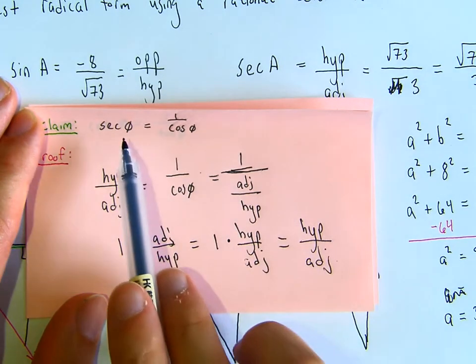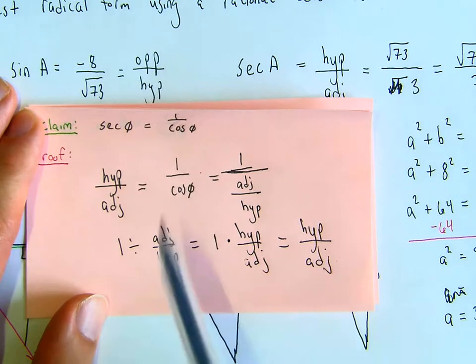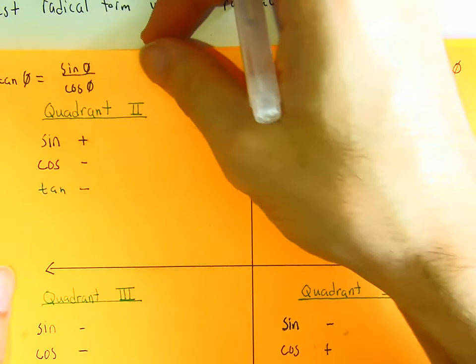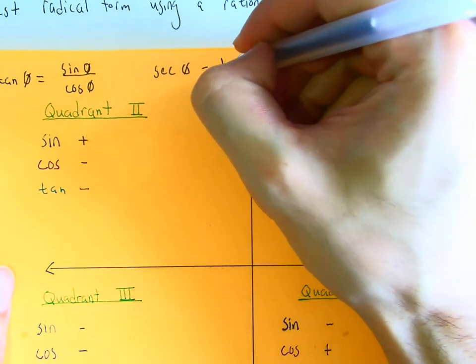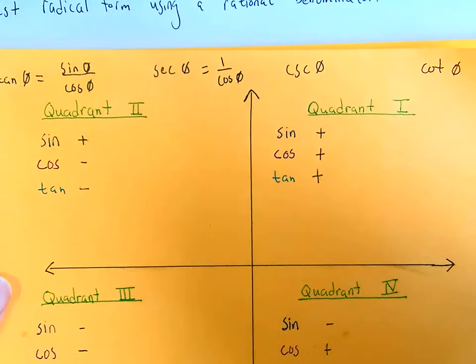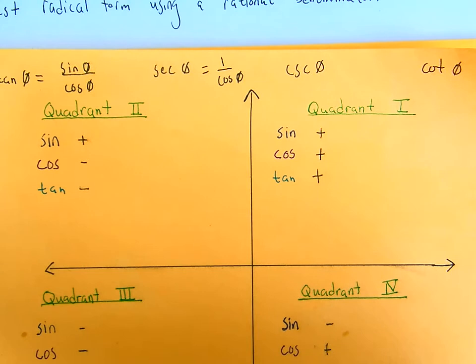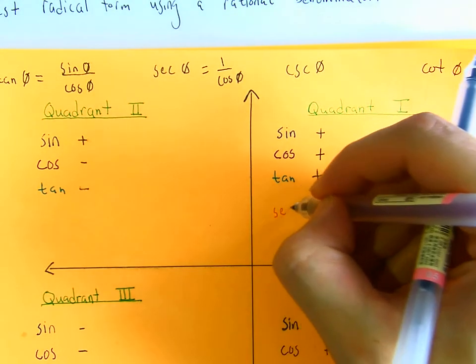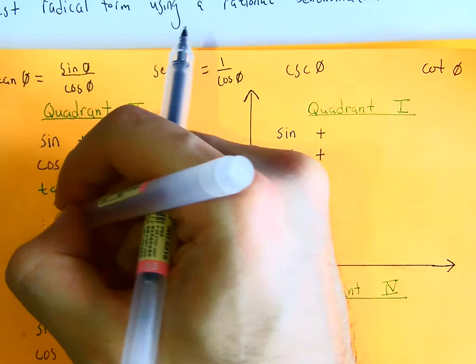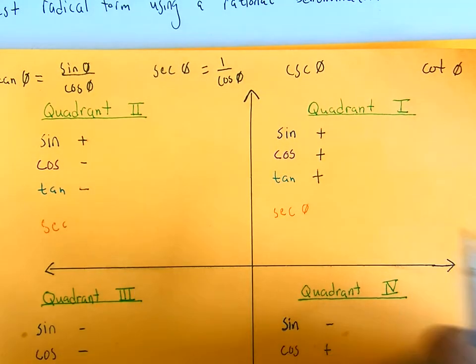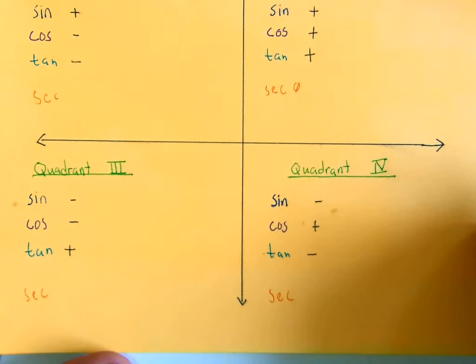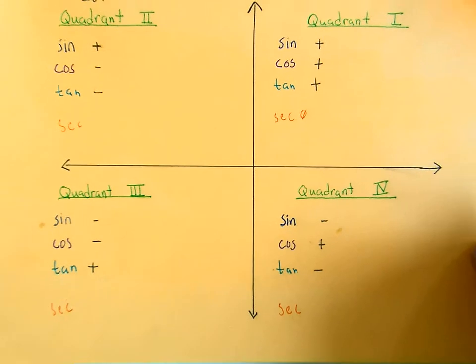Okay, so now that we know secant theta is equal to 1 over cosine theta, let's take a look over here. What do we know about secant of theta? When is secant positive? When is secant negative? Okay, let me fix the camera angle a little bit.